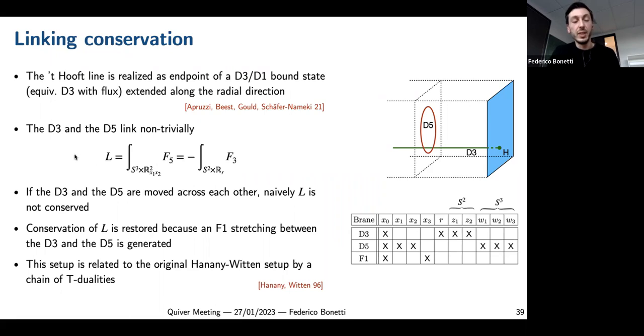And naively, as usual in these constructions, one would reach a contradiction if one tries to move one brane past the other, because linking would not be conserved. And the resolution is that there is a new object that is generated. In this instance, it is a fundamental string. So here, I drew the brane directions for illustration.